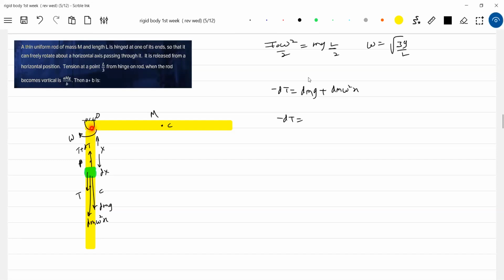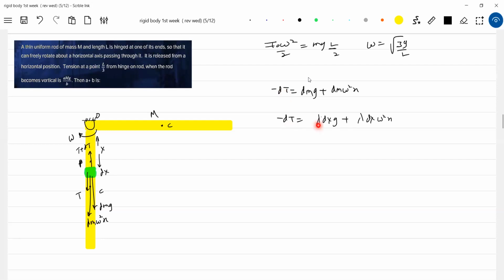Why? I'll measure x from here, this point will be 0. As x increases, tension decreases. dT by dx will be negative. You see that T plus dT here, T here. As x increases, tension decreases, so dT by dx will be negative. Some books have the sign already, not in the first step.